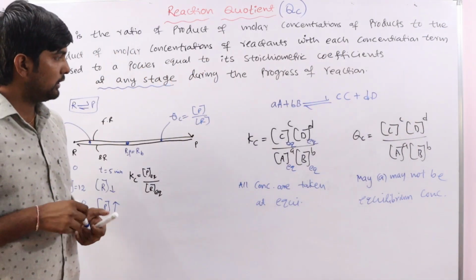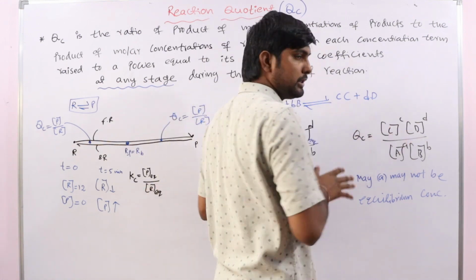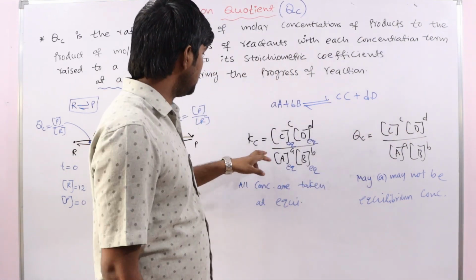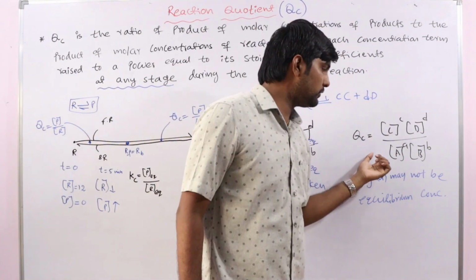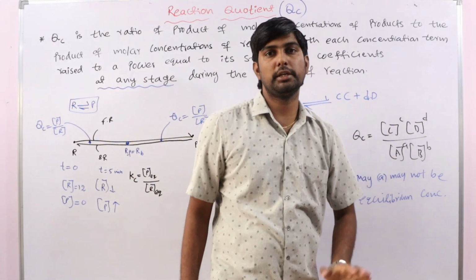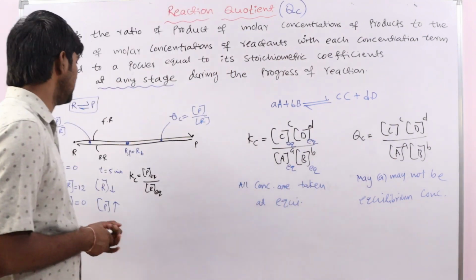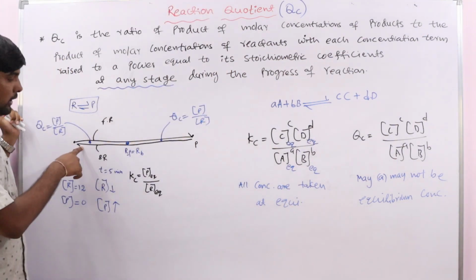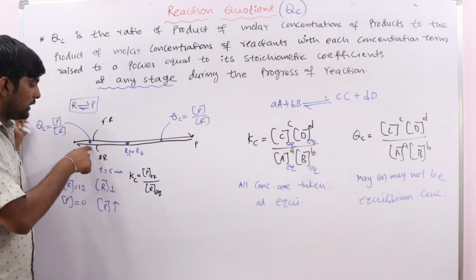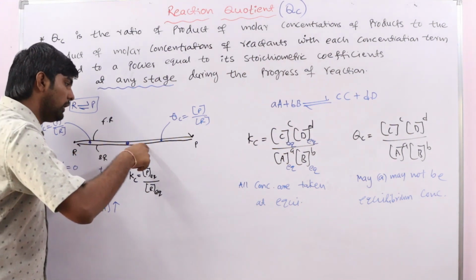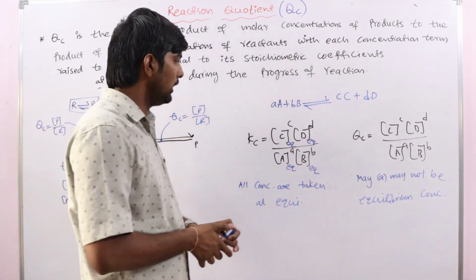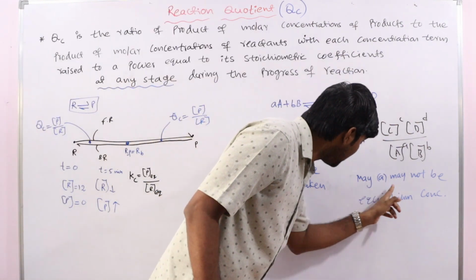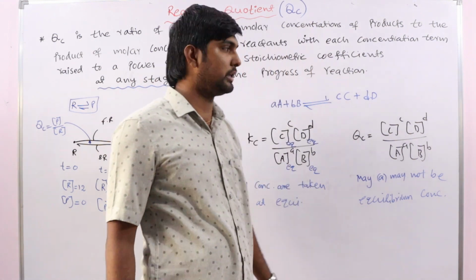Both have the same expression, but in Kc we must use equilibrium concentrations, whereas in Qc you can use any concentration at any stage during the progress of the reaction. Here you can calculate Qc, even at equilibrium also we can calculate. So that's why we are saying may or may not be equilibrium concentrations.